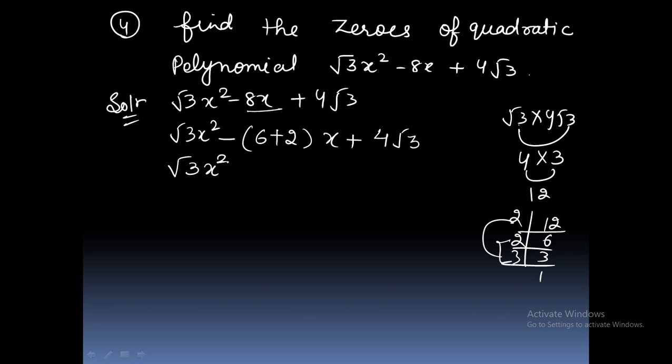Root 3x square minus 6x minus 2x plus 4 root 3. Now you will get the common factor x, and in the bracket root 3 x minus 6.